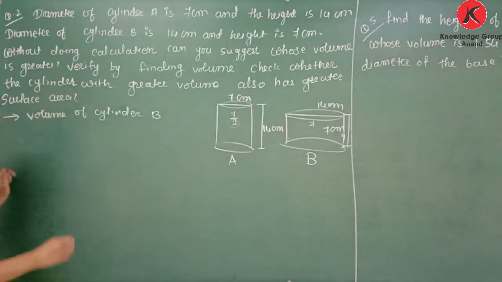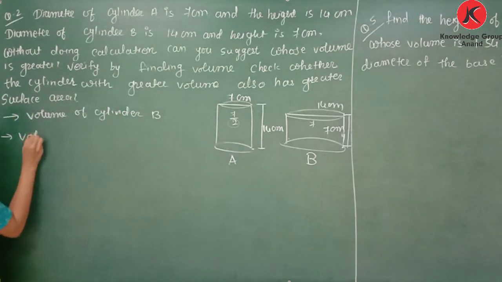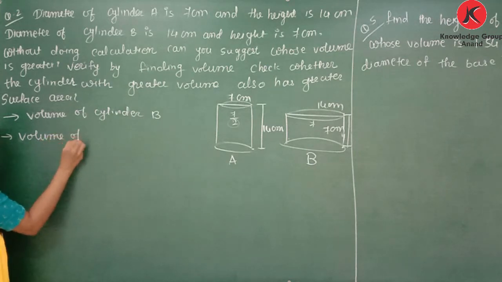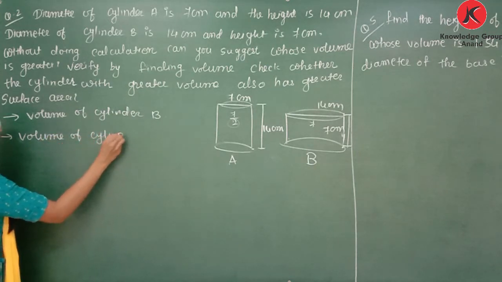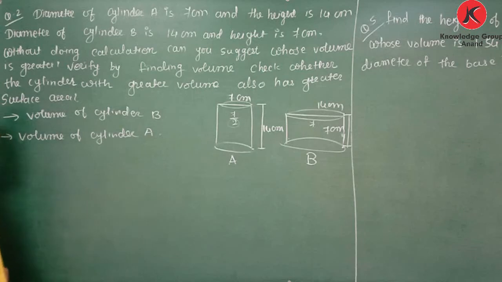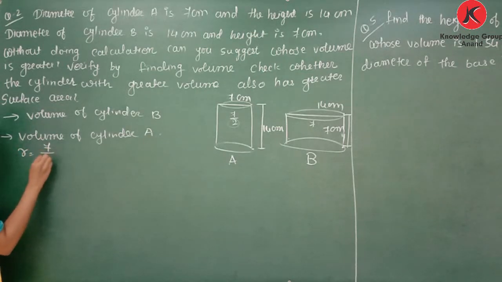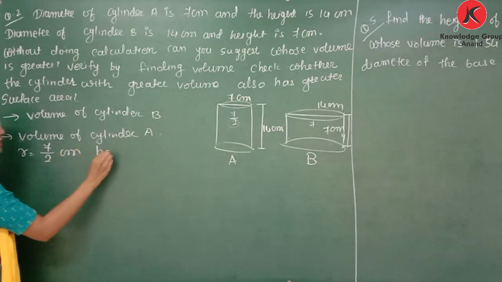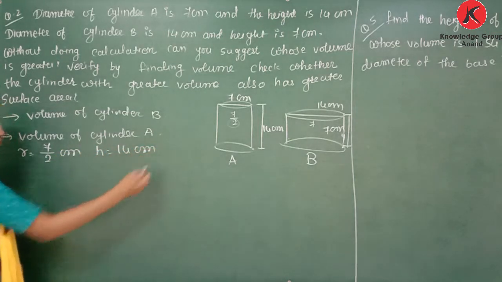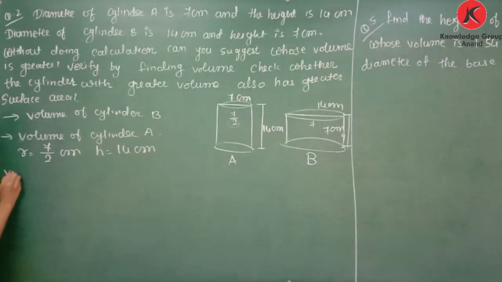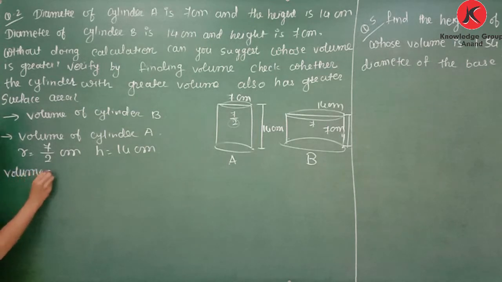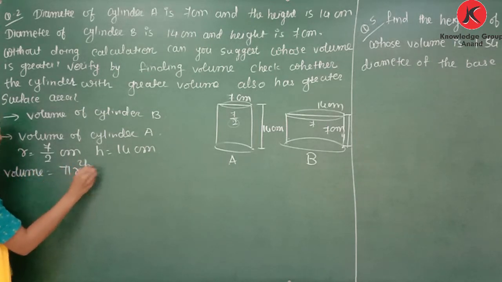So let's find the volume of cylinder A. For finding the volume we need a radius, that is 7 by 2 cm. Height is 14 cm. So volume is equal to pi r square h.